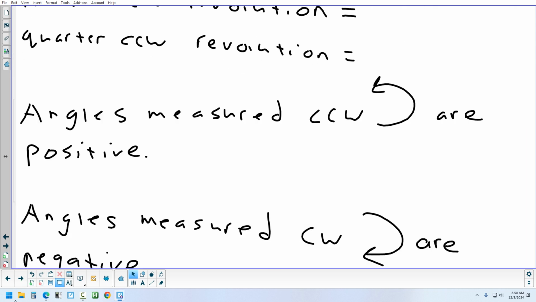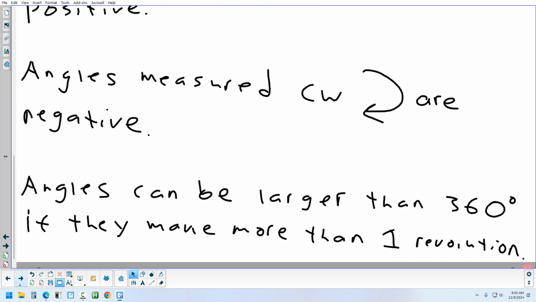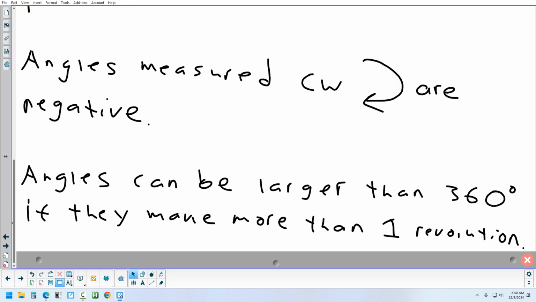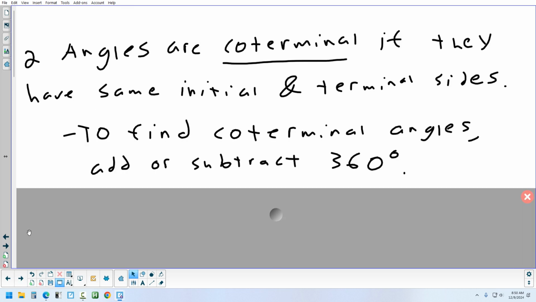When we're looking at rotation on a circle, there are two directions. Counterclockwise is always considered positive, clockwise is negative. If you have an angle that's larger than 360, that's fine. It just means that you've gone around the circle more than once. Generally, though, we don't like to work with angles that are larger than 360 or smaller than 0. The reason being is because if it's too big of a number, it's hard to visualize. Like if I said to you, I want you to visualize a 1250 degree angle.